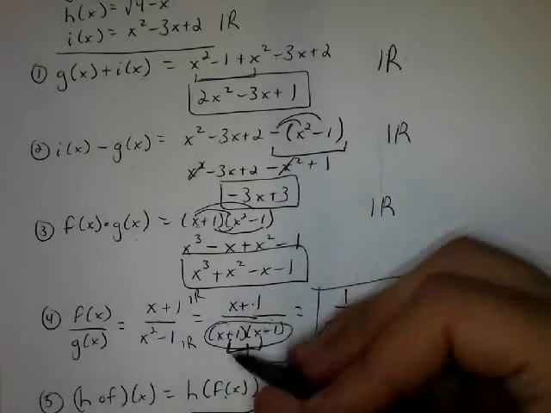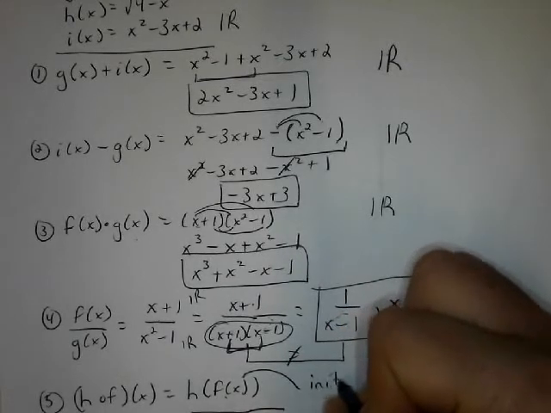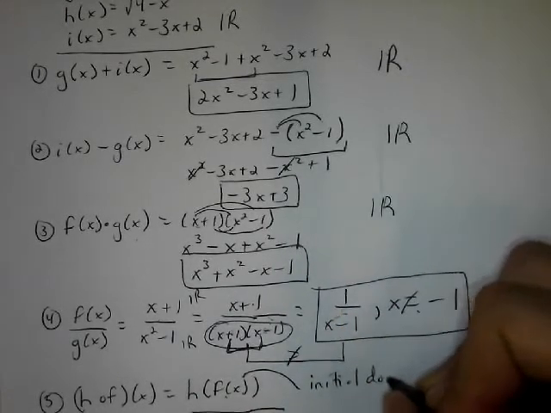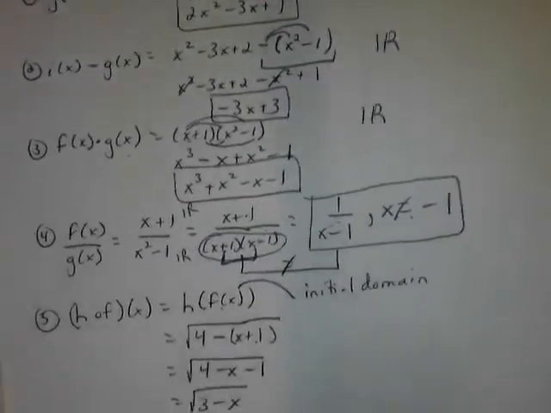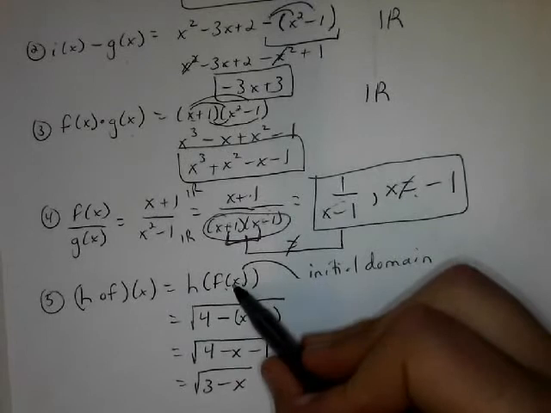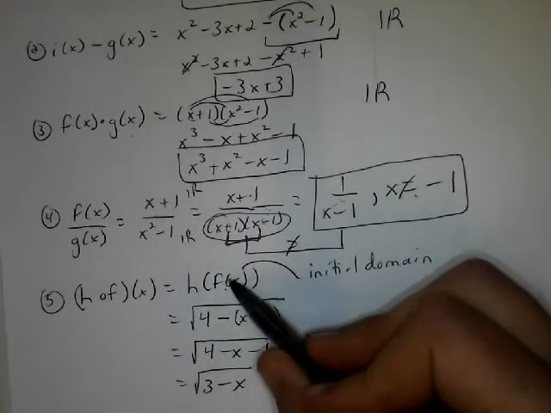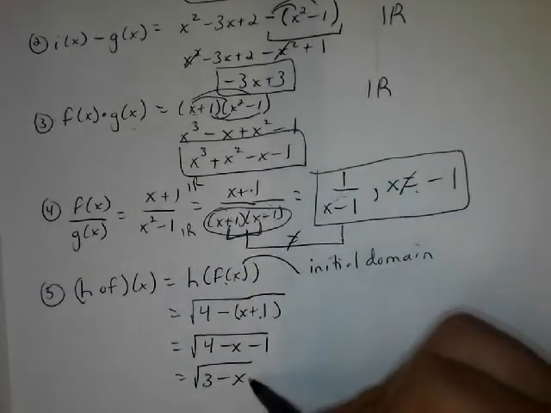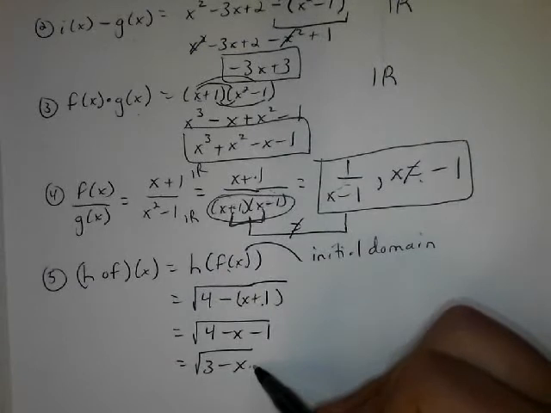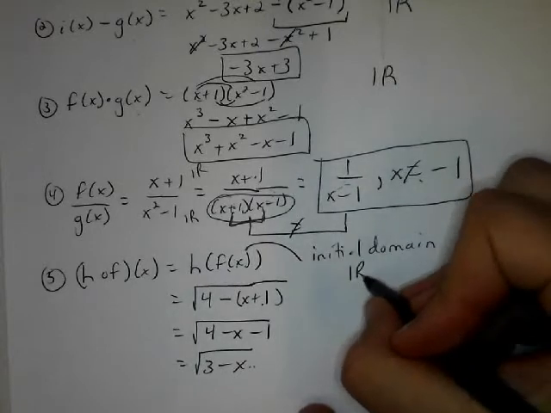With a composite, first and foremost, this is your initial domain. That's what sets everything up. That domain must hold. Once you find that, you then look at the final domain and decide, is that still valid? So for example, here the domain of f of x is all reals.